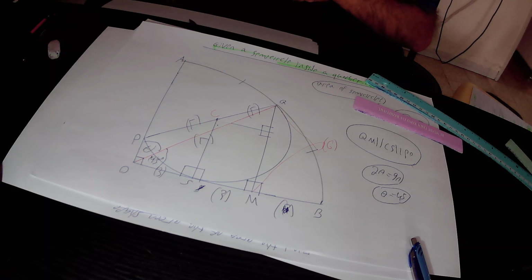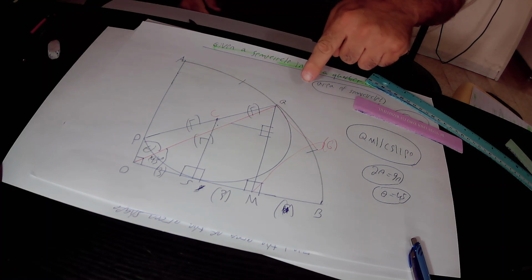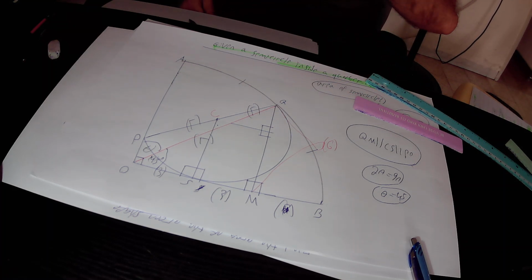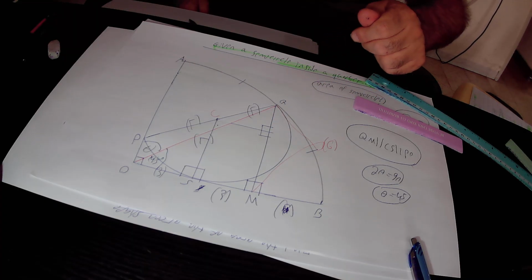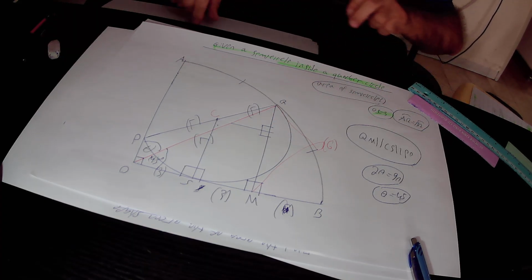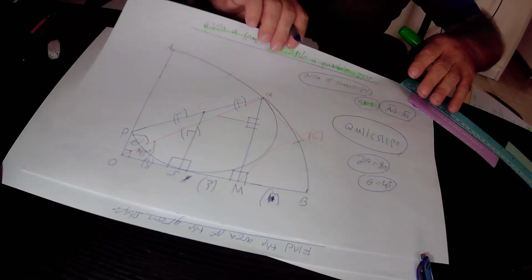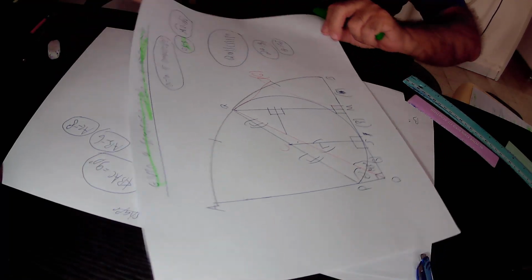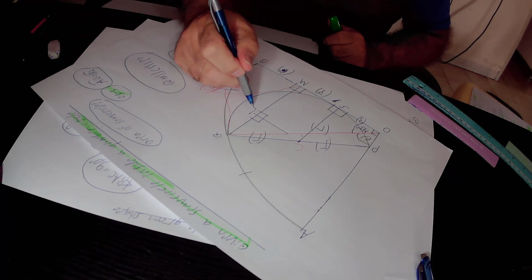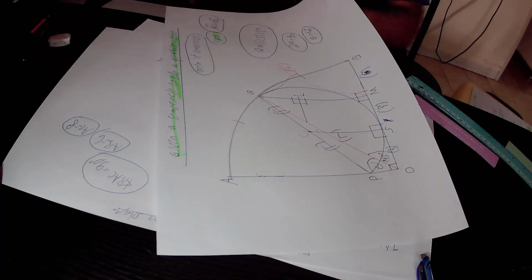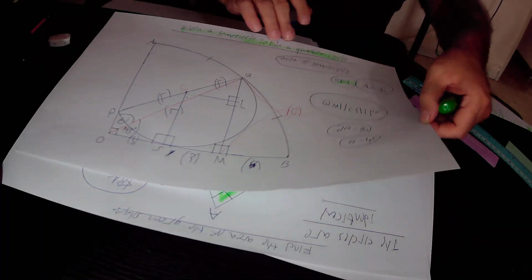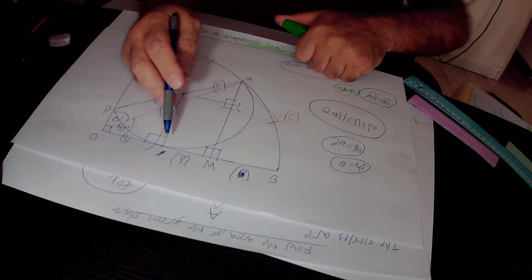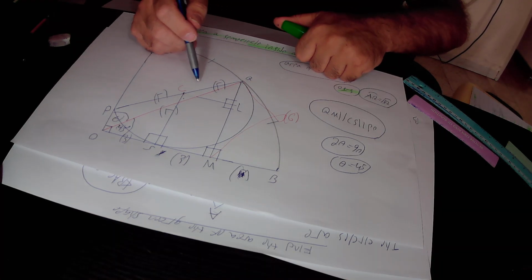We'll define the touching point of the perpendicular from point C and QM as point L. So by doing this construction, we created the quadrilateral CLMS.